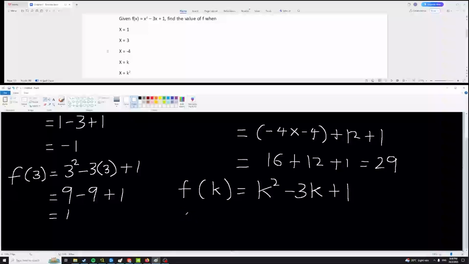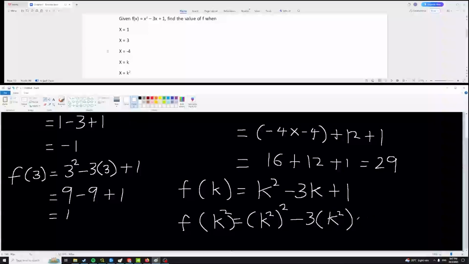Then the next one is 2k to the power 2. So this one will be 2 times k to the power 2, minus 3 times 2k, plus 1.